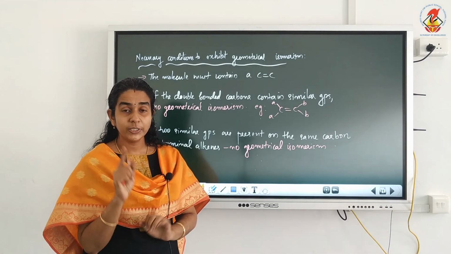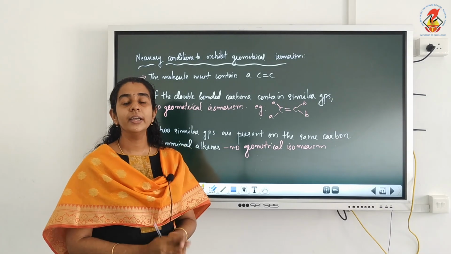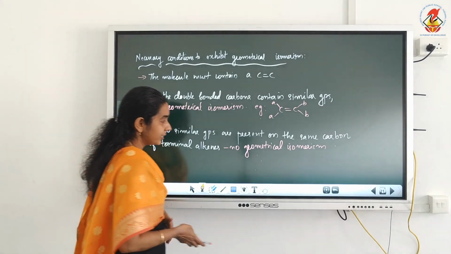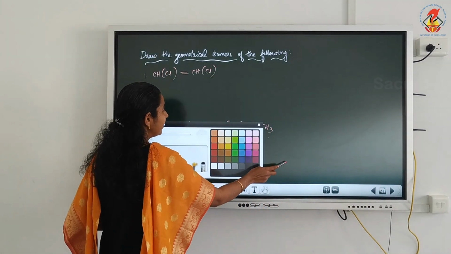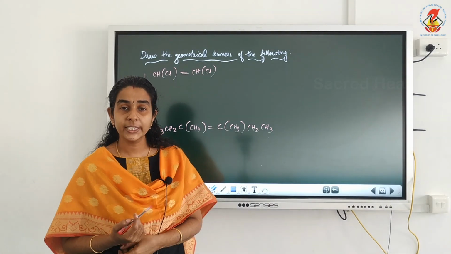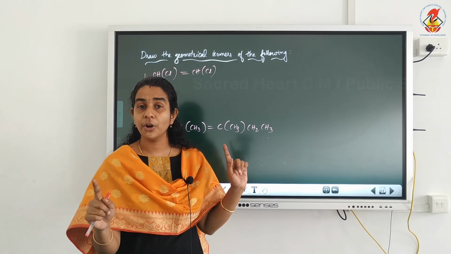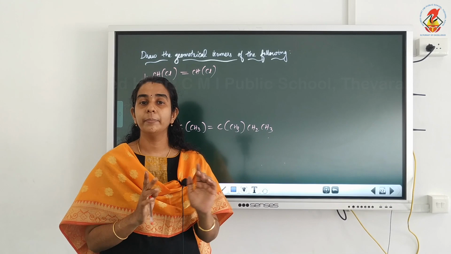If two methyl groups or two hydrogen atoms are present on the same carbon, there is no geometrical isomerism. So these are the conditions. The similar group should not be present on the same carbon. Similar groups should be present on different carbon atoms, on both the double bonded carbon atoms.